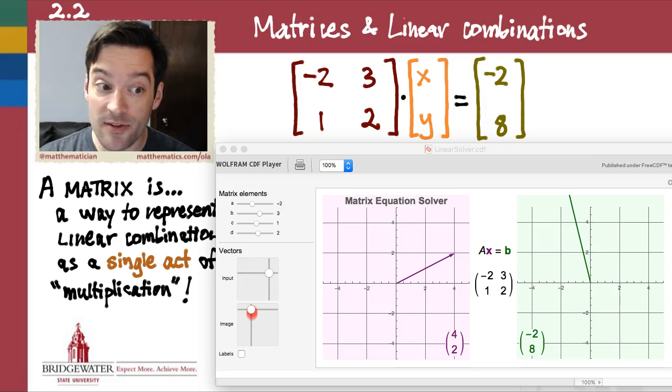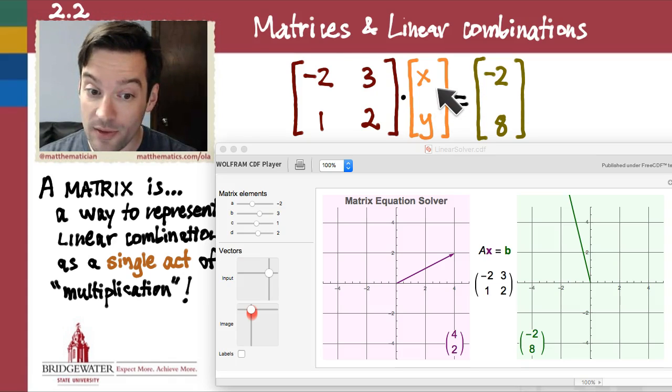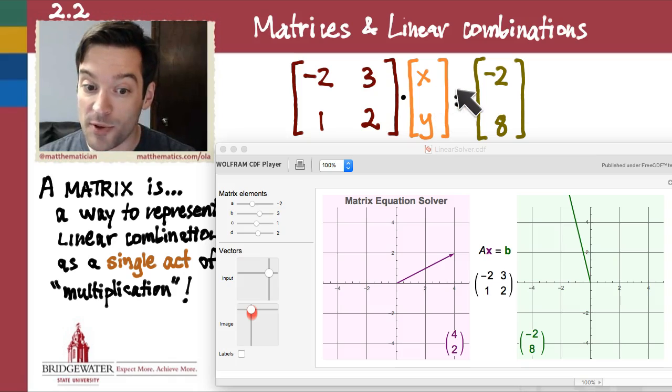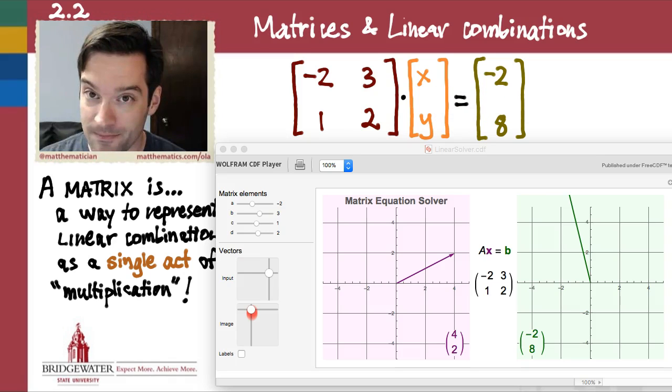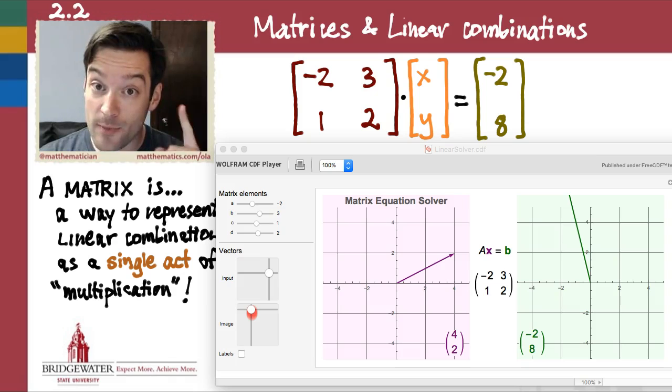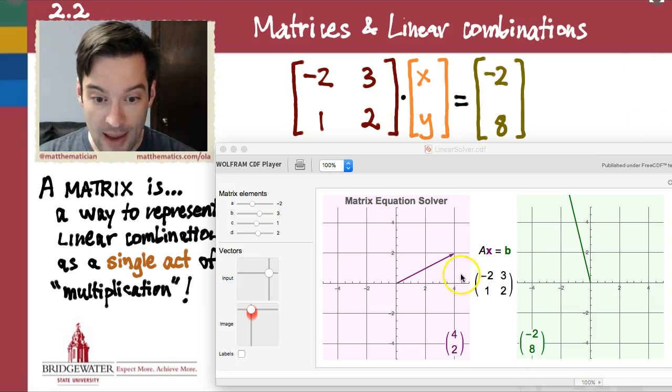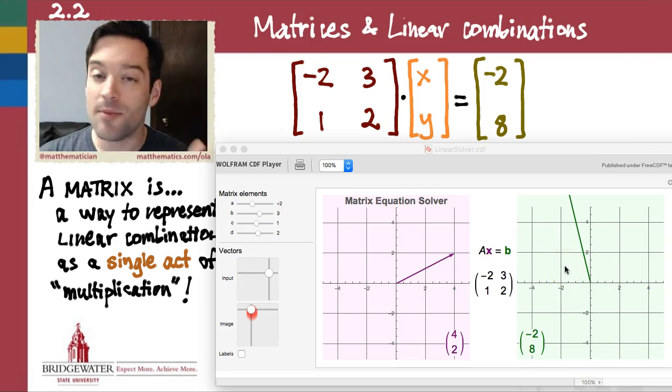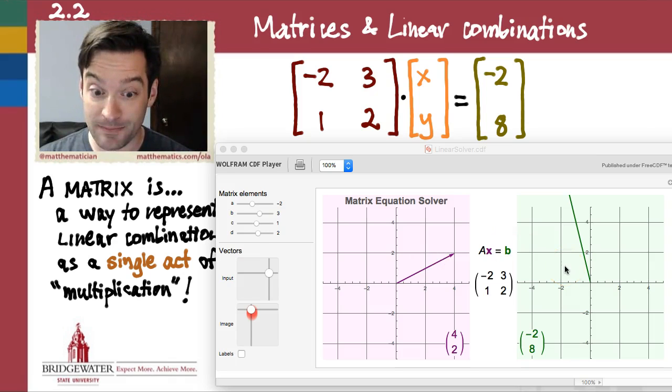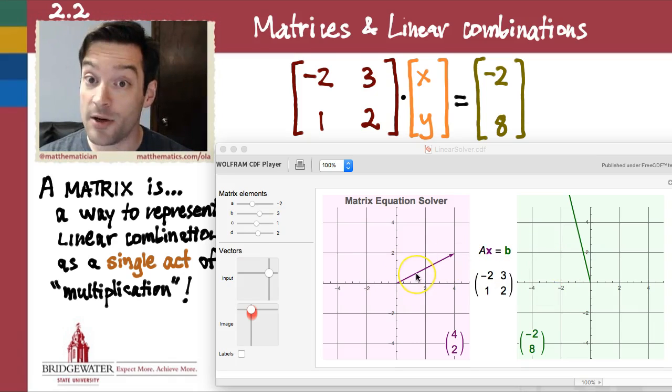And so solving this matrix vector equation is really about asking the question: what input do I put into this function which will produce the output, negative 2, 8? And that becomes a transformational viewpoint. The picture that's ever in my mind's eye when I think about linear algebra is similar to the one we see here.